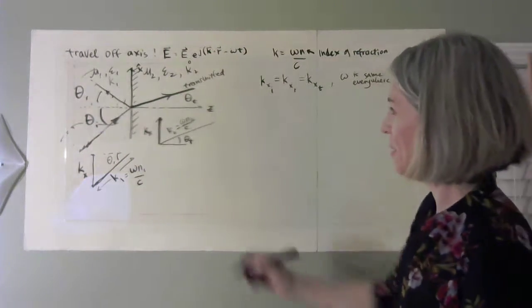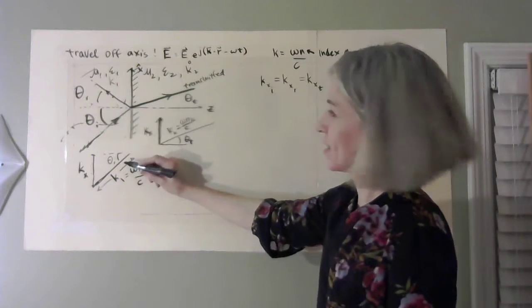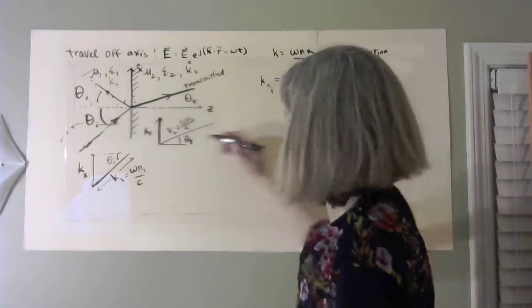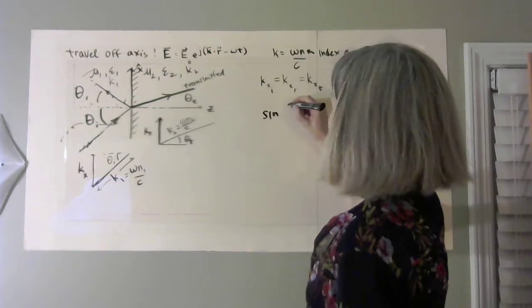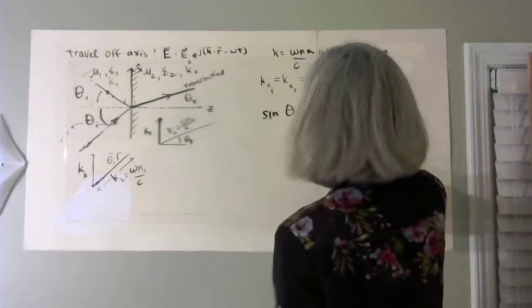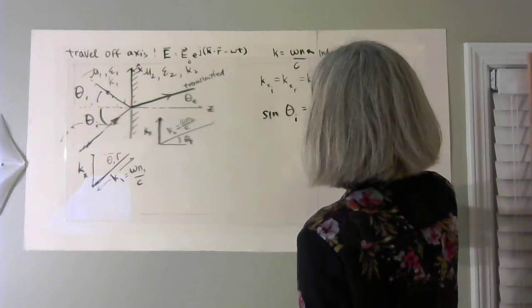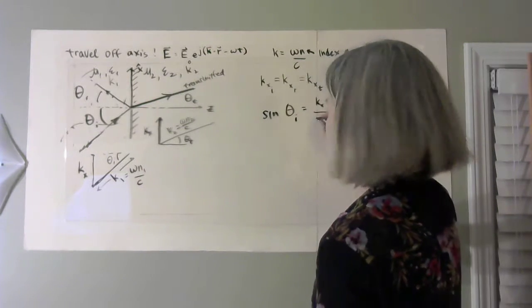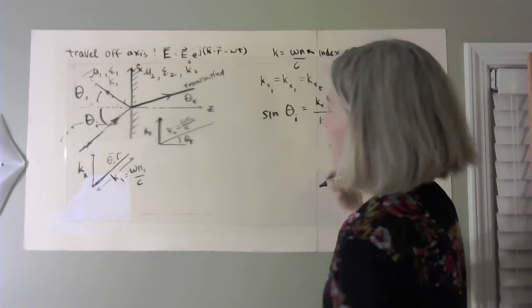You know where this is going. So we can write these things out as sines. The sine of the angle of incidence is going to be k sub x over k1.